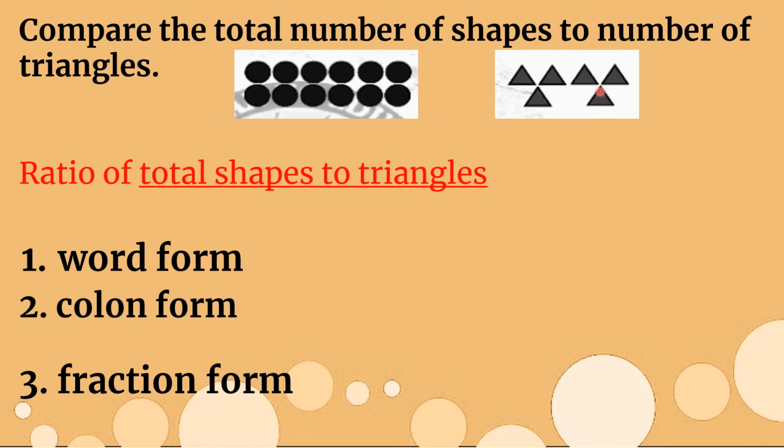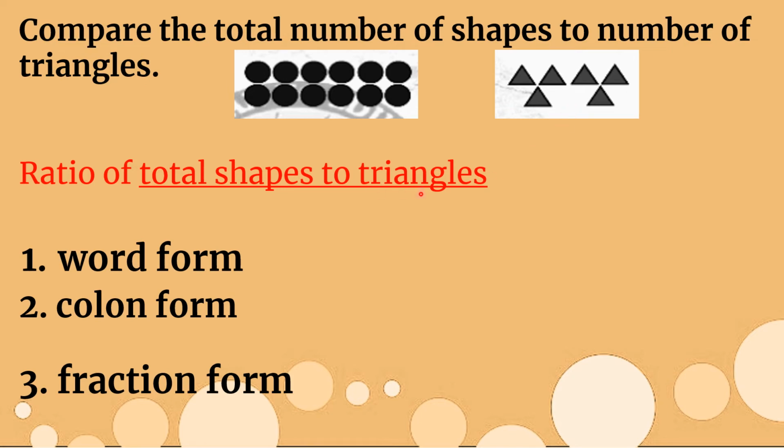And then, idugtong natin yung sa triangles. From 12, we have 13, 14, 15, 16, 17, 18. Or 12 circles plus 6 triangles to get the total shapes, that is 18. So, 18 yung ating total shapes.